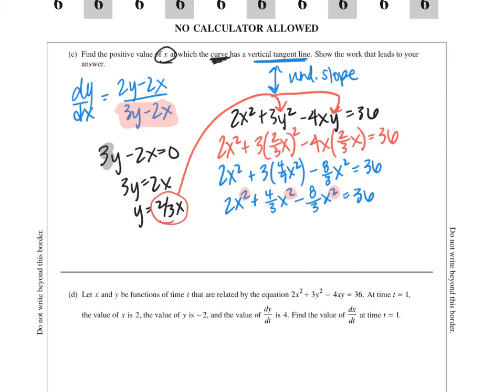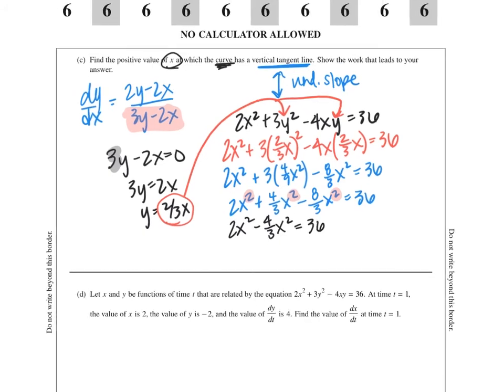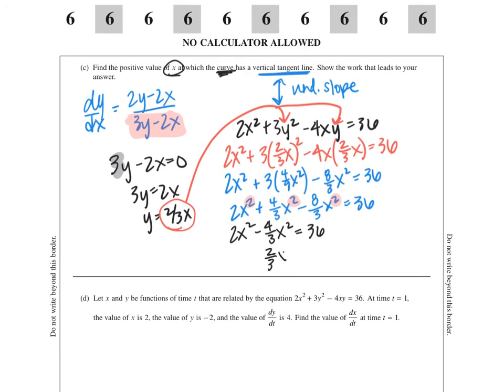Conveniently, all of them have the same exponent. Combining like terms, 4/3 minus 8/3 is negative 4/3, so 2x squared minus 4/3 x squared equals 36. That's like saying 6/3 minus 4/3, which is 2/3 x squared equals 36.